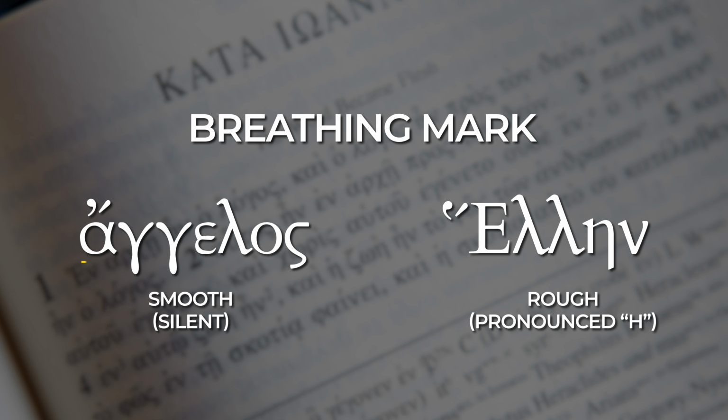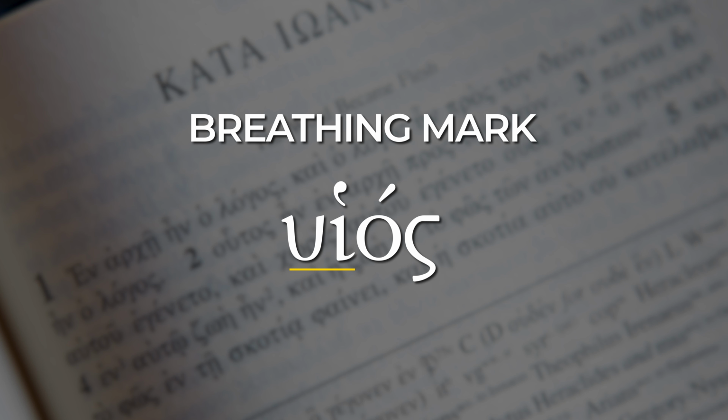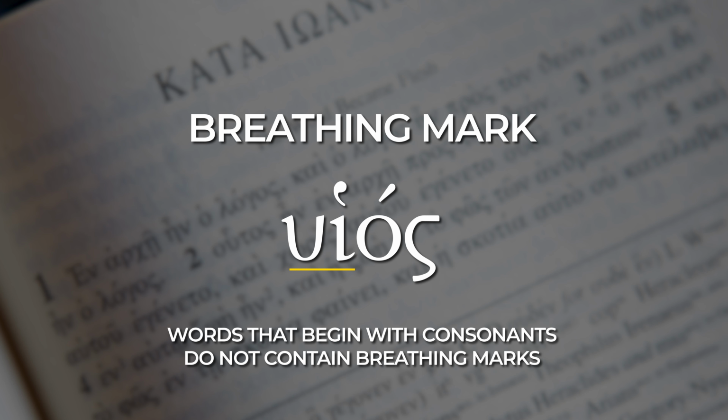When paired with a lowercase letter, the breathing mark will be over the top of the letter. When paired with a capital, it will precede the letter. When paired with a diphthong, it will appear over the second vowel. Words that begin with consonants do not contain breathing marks.